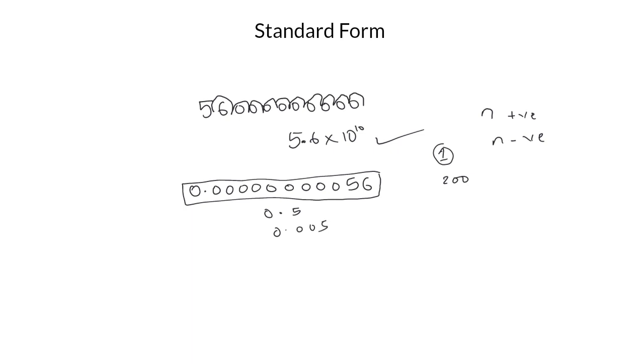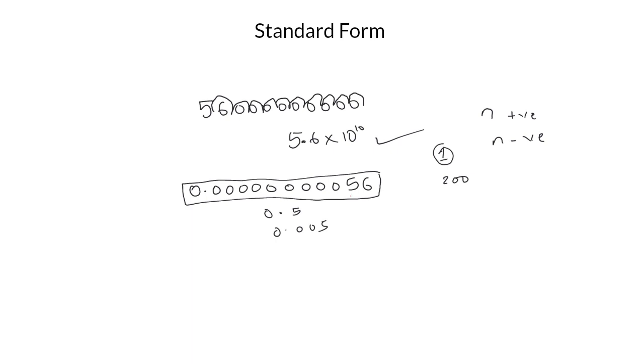In this format, they are small numbers, okay? And numbers that are greater than 1, from 1 upward, they are big numbers, and the power n will always be positive. So again, for this question, let's go on.